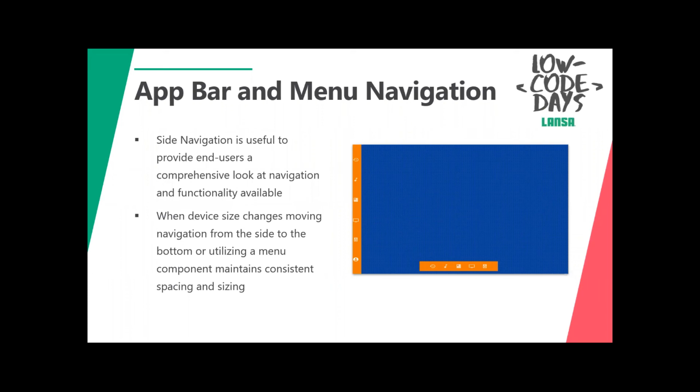So one thing I wanted to show here is that with these desktop applications, these web applications that are installable and usable on the desktop, side navigation actually becomes pretty useful because it gives you a comprehensive look at the navigation and the functions available. And within having side navigation, some of these can be expandable.